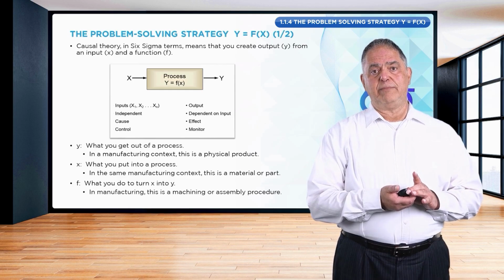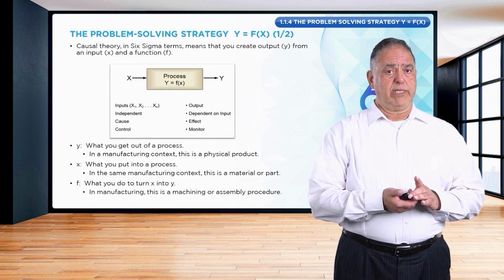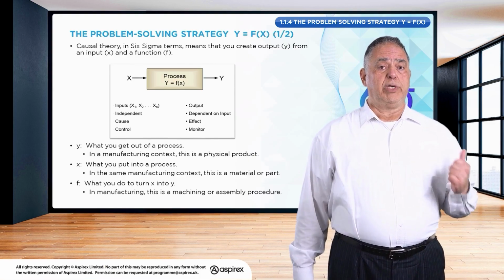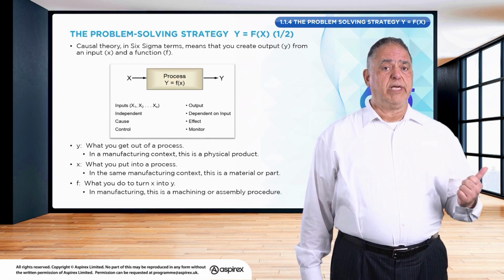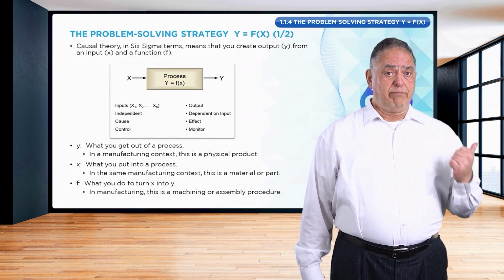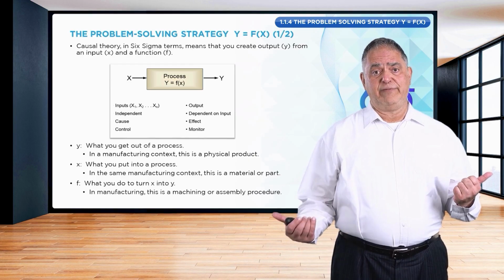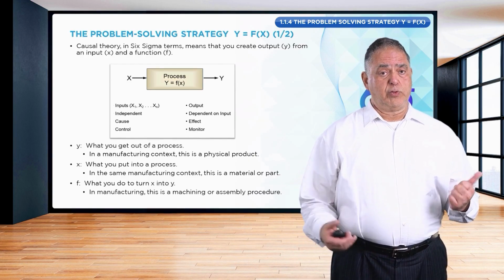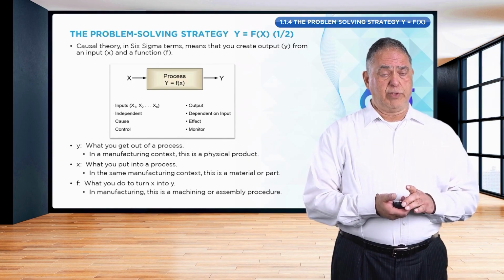So every time that we're talking about root cause analysis and identifying the root causes, we try to find out which are the inputs that have a significant impact in the outputs that is associated with the business problem that we try to solve.